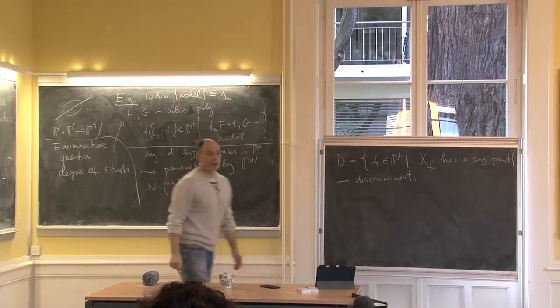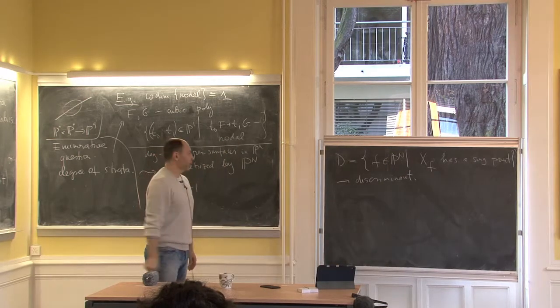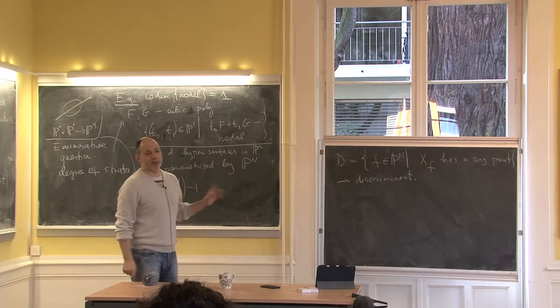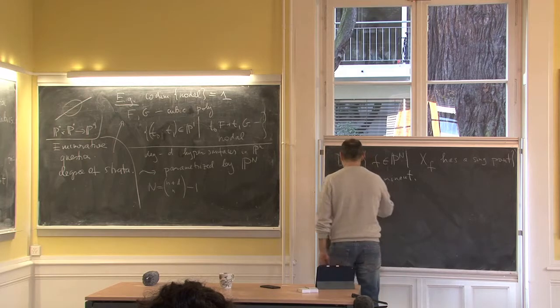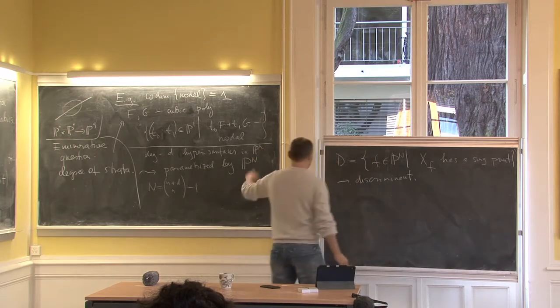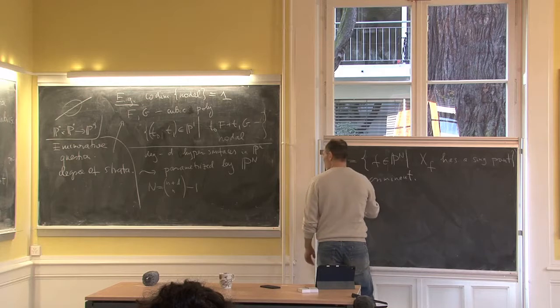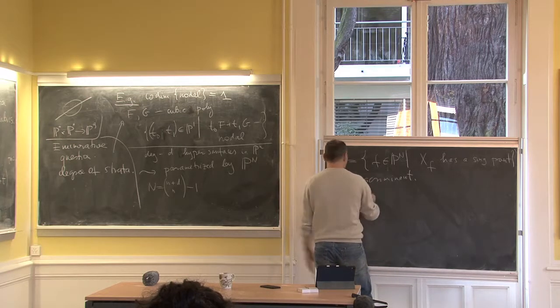Now you've heard of the discriminant. The discriminant is in another setup, but actually it's exactly the same setup. So let's just look at the very, very simplest case. The very simplest case is when you take, say, P1 and you take degree 2 polynomials.